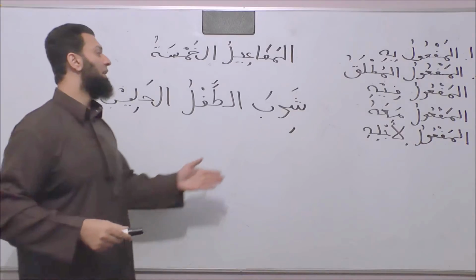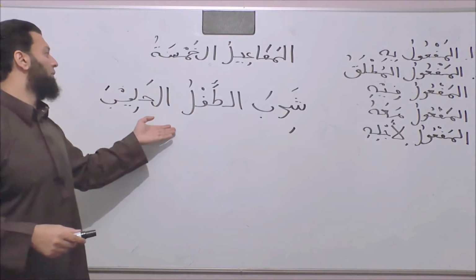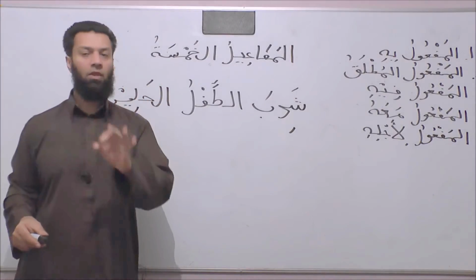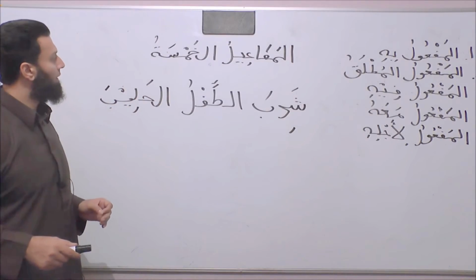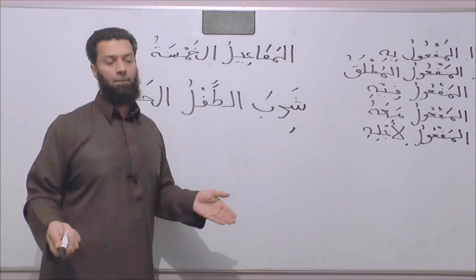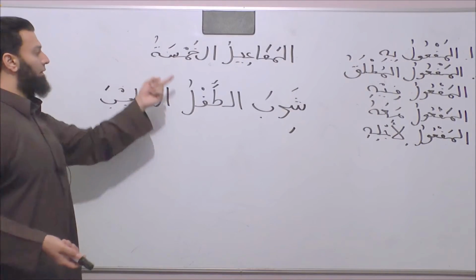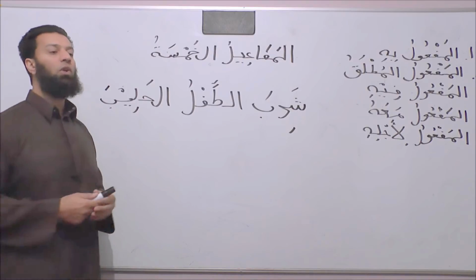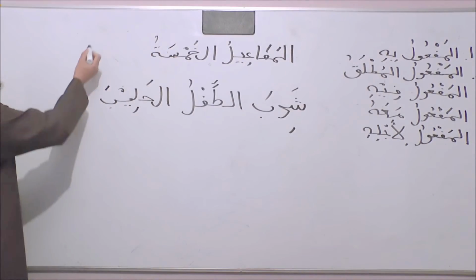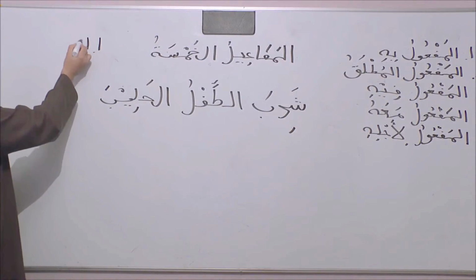So it therefore becomes shariba at-tiflu al-haliba. Now, note that this is a statement of affirmation. The al-maf'ulu bihi is what we call al-maf'ulu as-sarih. Al-maf'ulu as-sarih. And that's important.